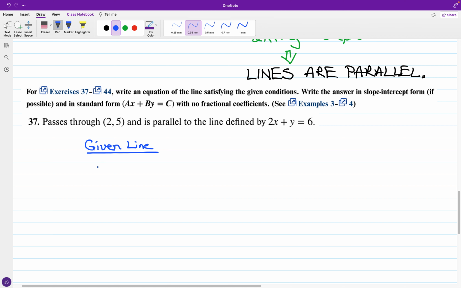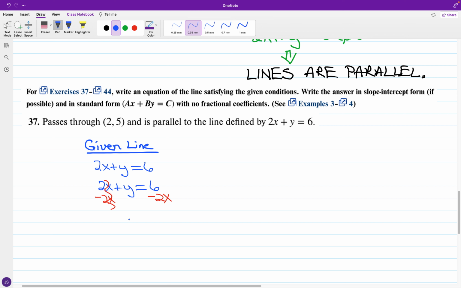Okay, so we have with the given line, with the equation, and this is in standard form, and I can arrive at the slope-intercept form. So right now I have 2x plus y is equal to 6. And I can get the y term by itself rather quickly upon taking 2x away from both sides.